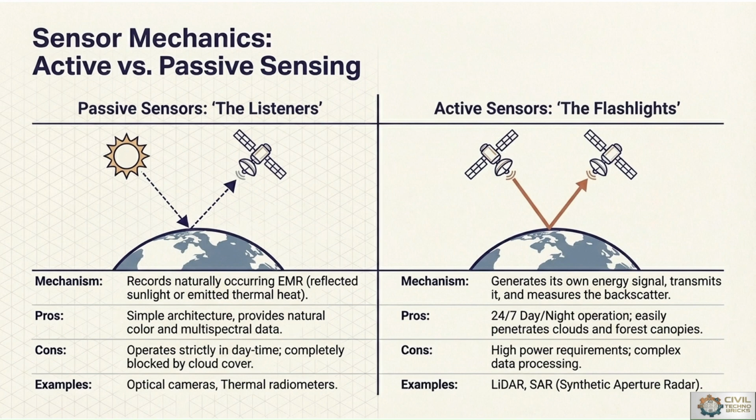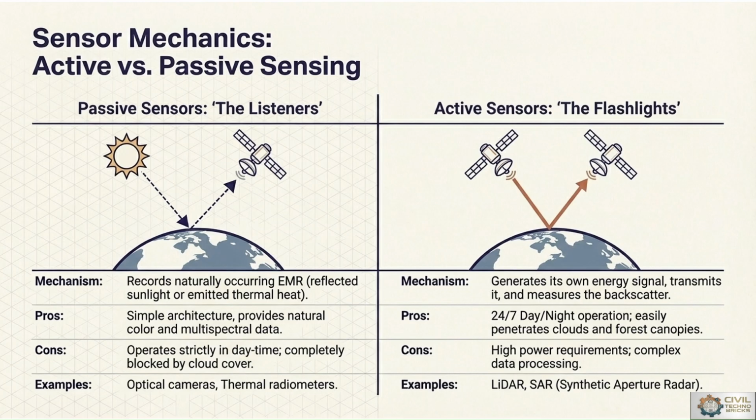What are the pros for passive sensors? They have a simple architecture. They provide natural color and multispectral data. But what are the limitations? They operate strictly in daytime only, and are completely blocked by cloud cover. Means if the atmosphere is cloudy, then passive sensors are not feasible to collect the data.